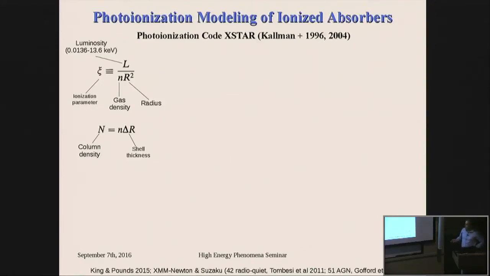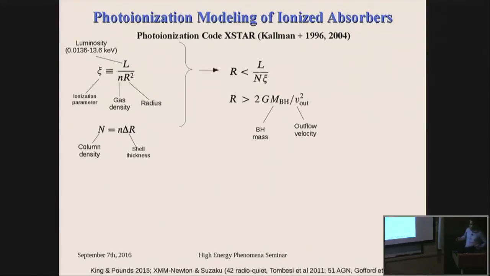The column density is defined by this equation, where delta R is the thickness of the ionized absorber. Using these two equations, we can constrain the upper limit of the ionized absorber, while the lower limit can be obtained by this equation, where M is the mass of the supermassive black hole, and this velocity is the maximum outflow velocity, which can be observed in AGN.